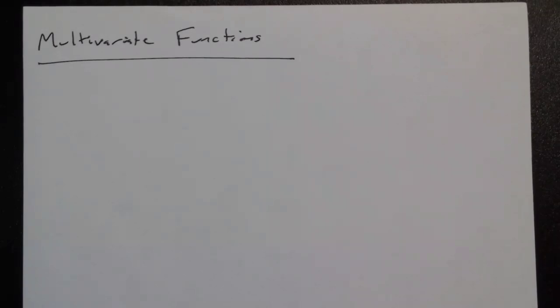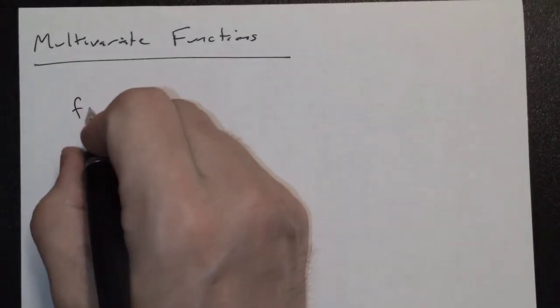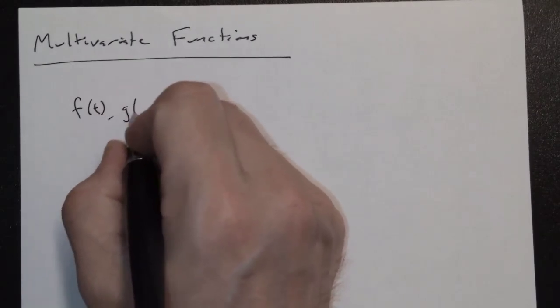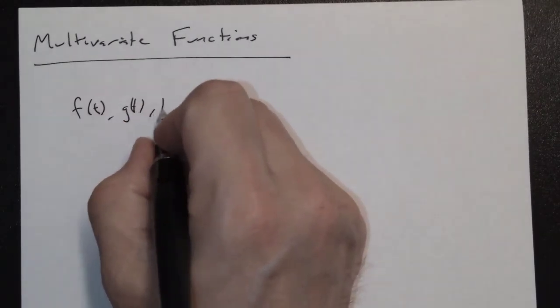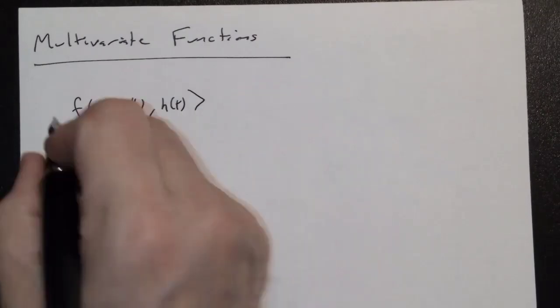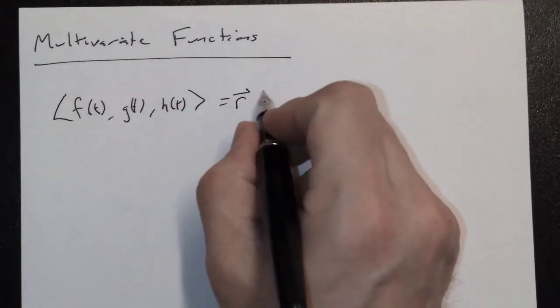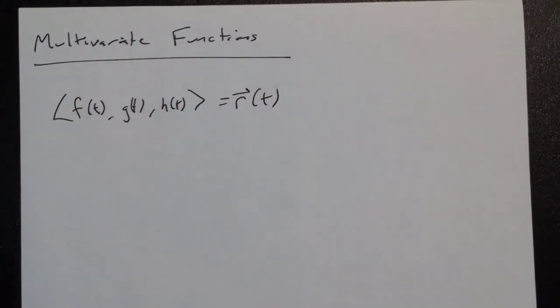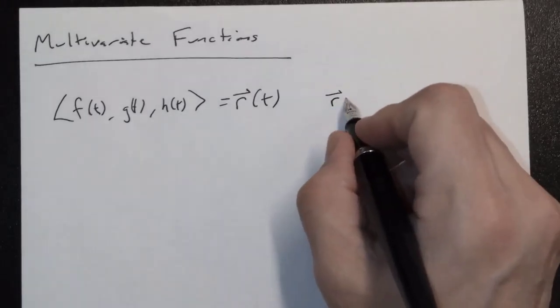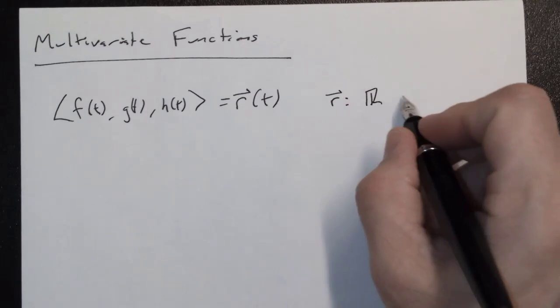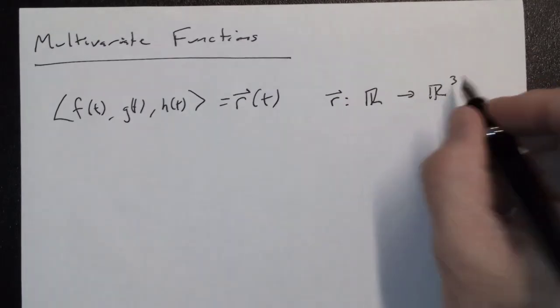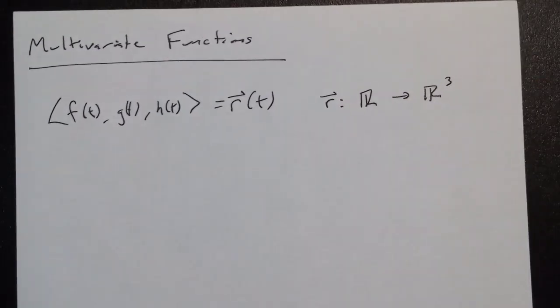So we had a function f of t, g of t, h of t, and we called that the output r of t, but that's a single variable input. So r here is acting as a function from one dimension to three dimensions. So the input's a real number, but the output is an ordered triple.